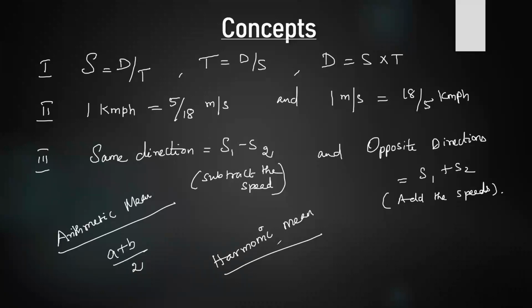For harmonic mean, 2ab by a plus b. Yes, Surya. Good. So same distance: if it is the same distance, apply harmonic mean. Same time, apply arithmetic mean.